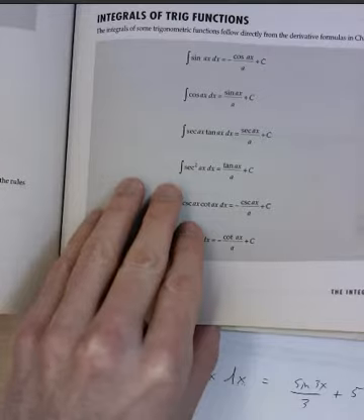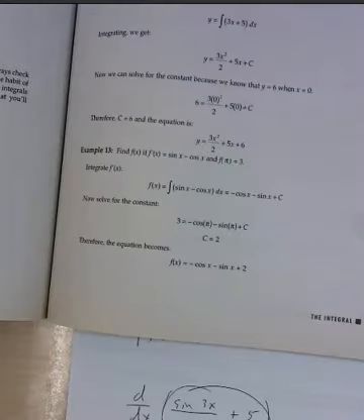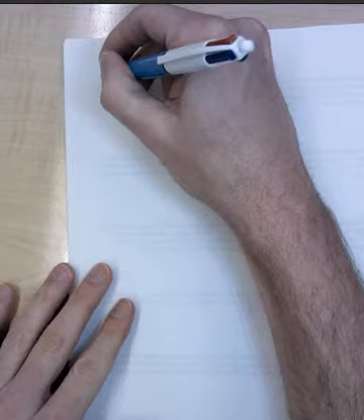Great. Okay. So let's actually do a couple of these and make sure we can use the formulas, and then we'll move on. So let's do the integral. I'm just going to ask you to integrate.